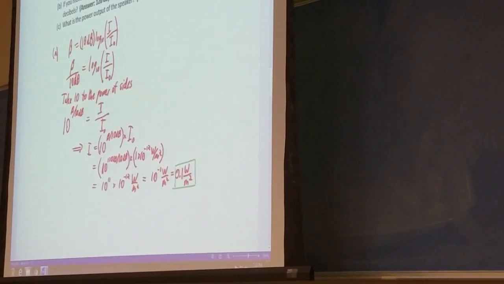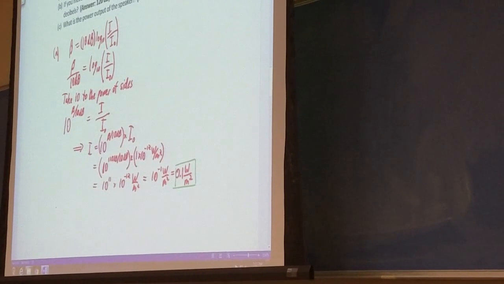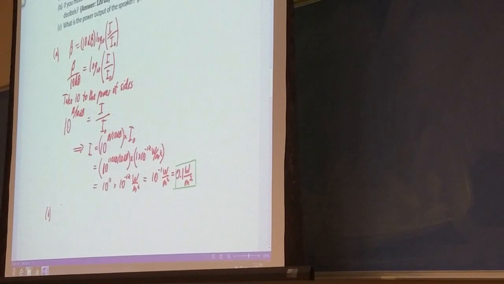In this question, we want to know what the new sound intensity level will be at a shorter distance. Okay, so the first thing that we have to do is find the new intensity.